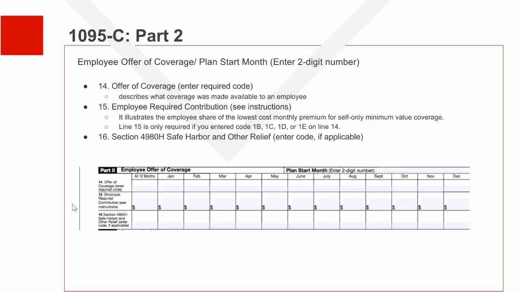And then we have line 15, which is the employee required contribution. Here you must add an actual dollar amount for the lowest cost premium offered to that employee.